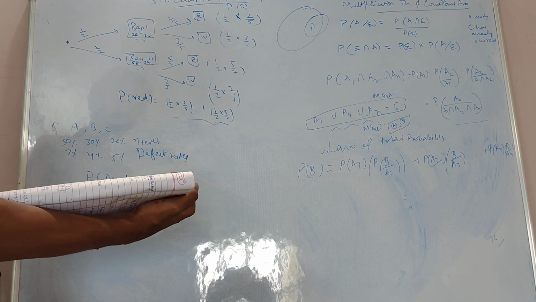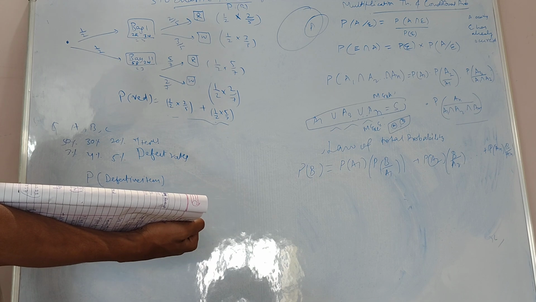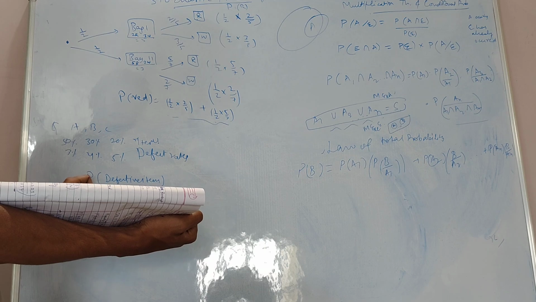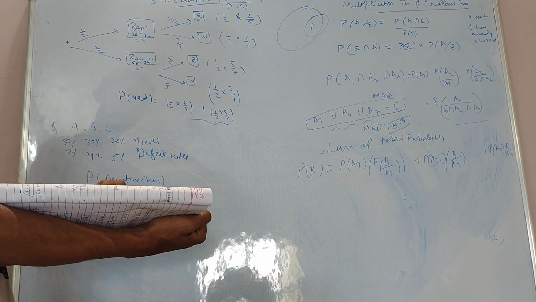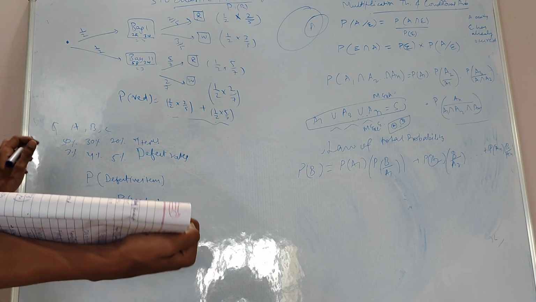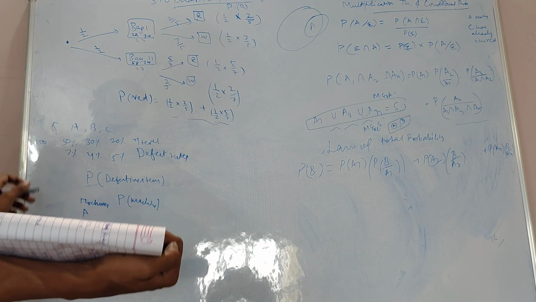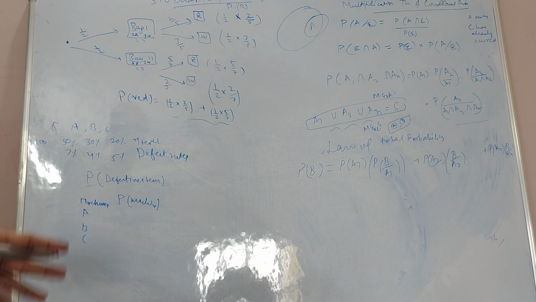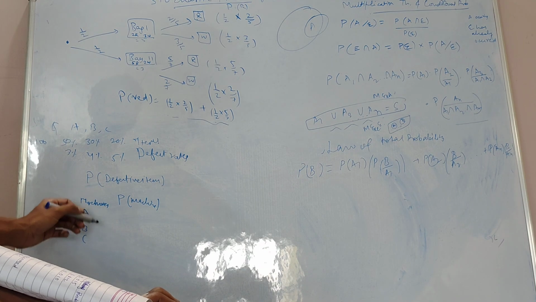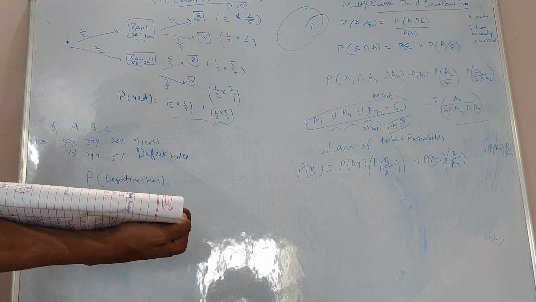I have machines A, B, C. Suppose the total is 100 items. 50 items I get from A, 30 items from B and 20 items from C. So the probability of getting an item from machine A will be 50 by 100, which is 0.5.